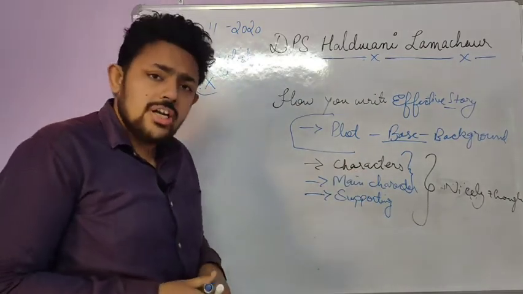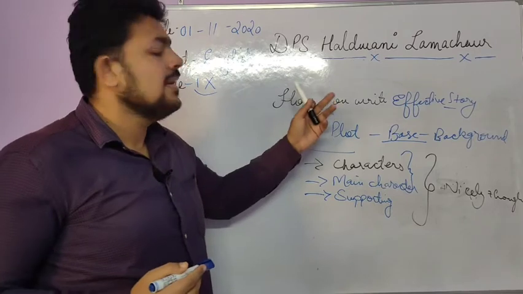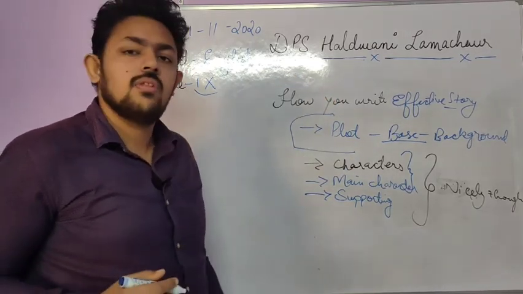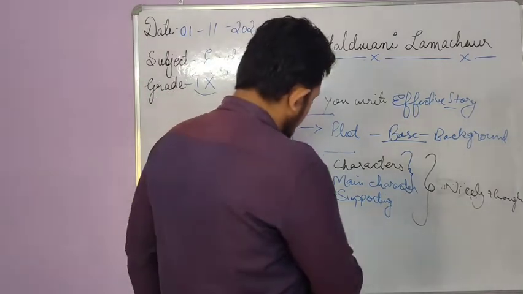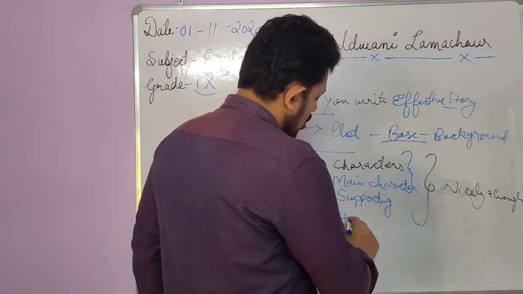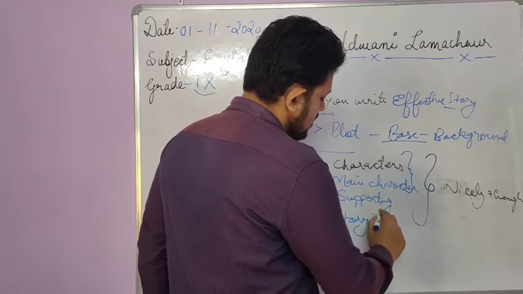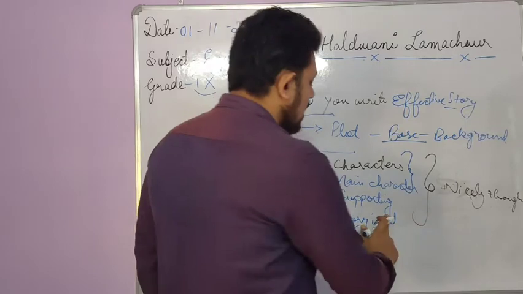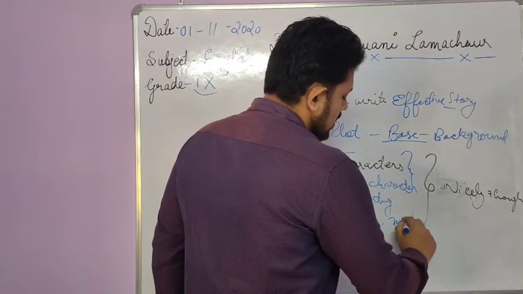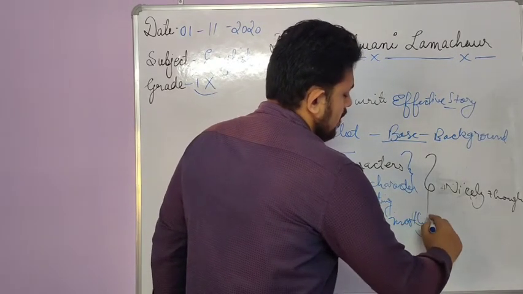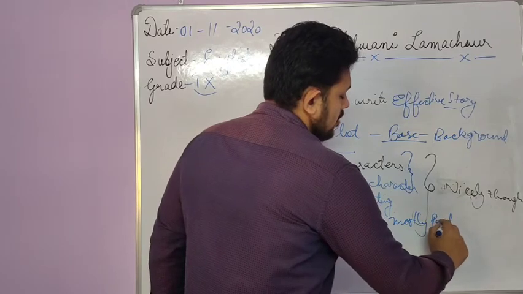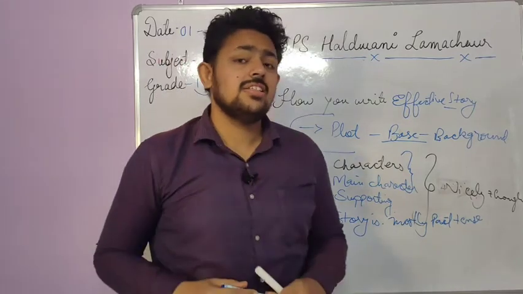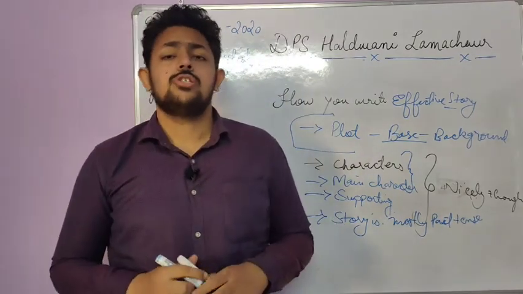Now one important tip, one important aspect of writing a story: the story is most of the time mostly written in the past tense, because you are writing about the incident that has happened in your life, story.